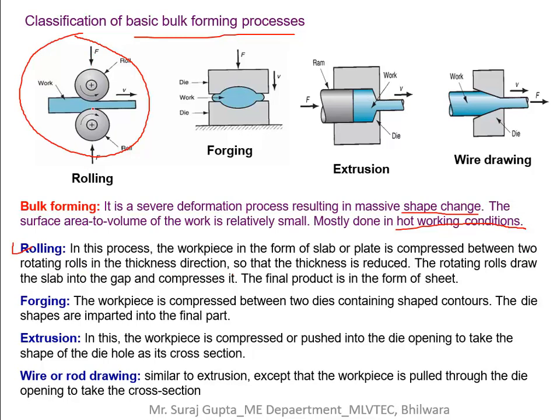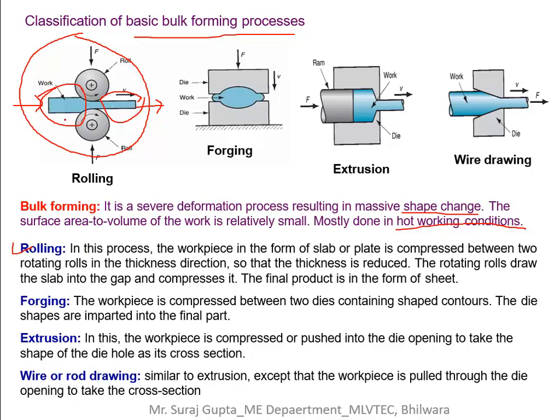The input is from here, and the output will be this, so the product will be on the right side of these rollers, so that the thickness is reduced. The rotating rolls draw the slab into the gap and compress it. The final product is in the form of sheet. So this slab will become sheet because the thickness is reduced.